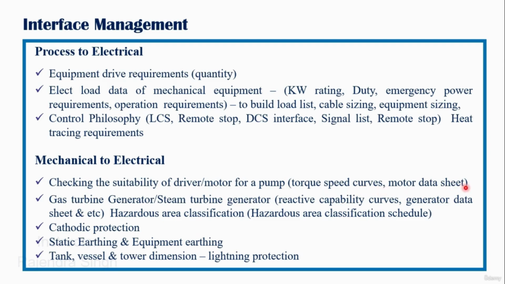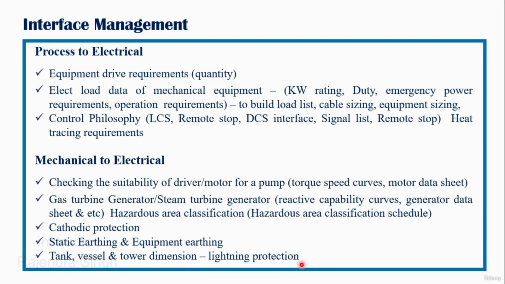For mechanical to electrical: checking the suitability of driver motor for a pump, pump speed curve, motor datasheets. So these details are provided by mechanical to electrical. Gas turbine generator, steam turbine generator, reactive capability curve, generator datasheets. Hazardous area classification, hazardous area classification schedule, cathodic protection requirement, static earthing and equipment earthing, tank, vessel, tower dimensions for lightning protection.